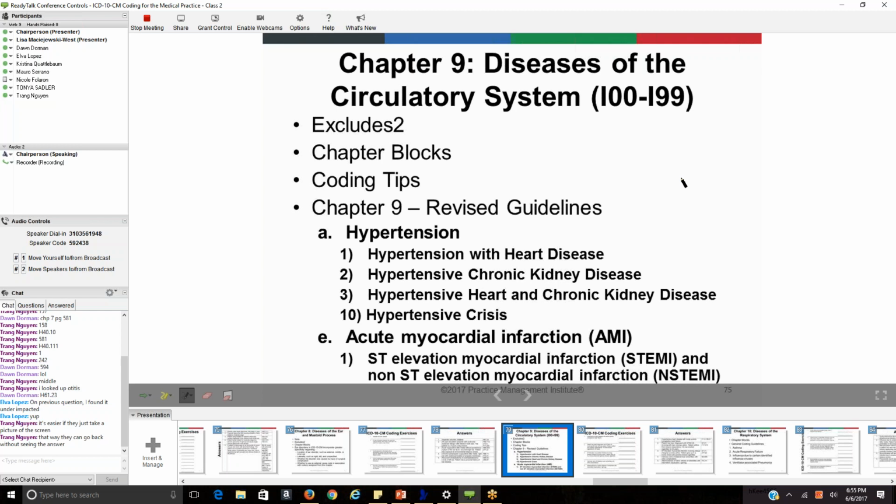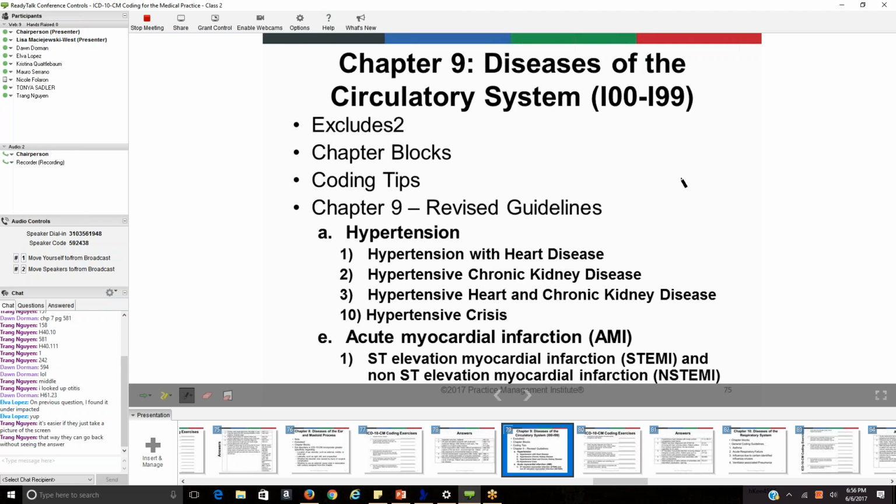ICD-10-CM codes for AMI identify the site, so whether it's on the anterolateral wall of the heart and so on and so forth. Codes I21.0 through I21.2 and I21.3 are used for STEMI AMIs. I21.4 is used for non-STEMI AMIs and non-transmural myocardial infarctions.